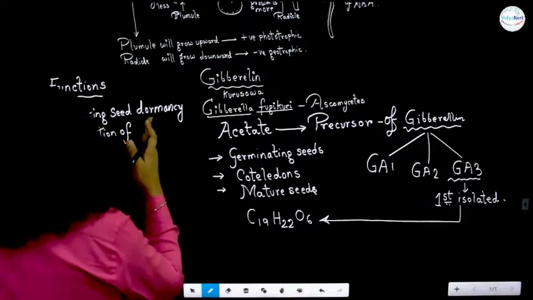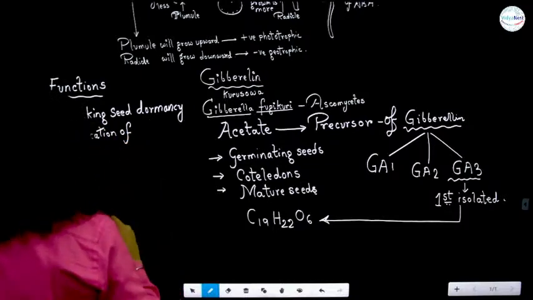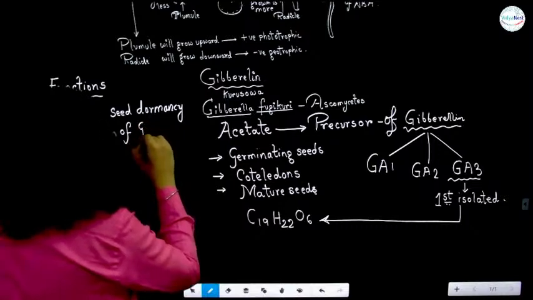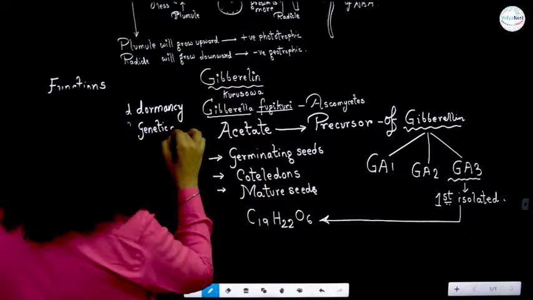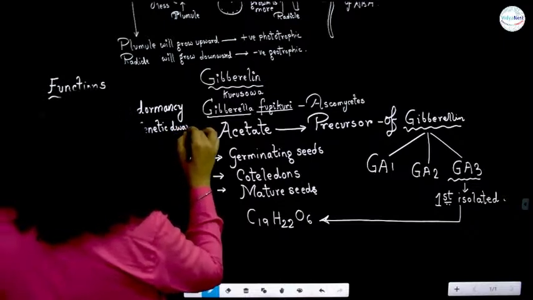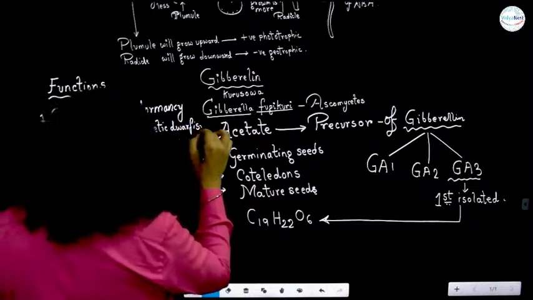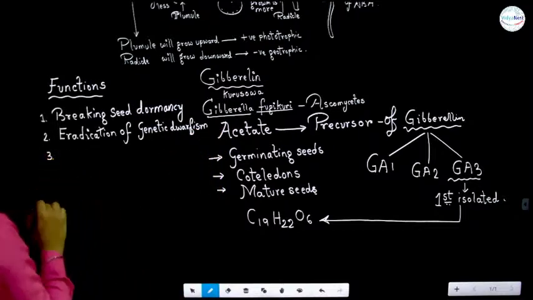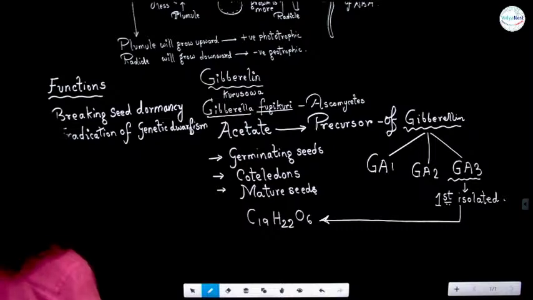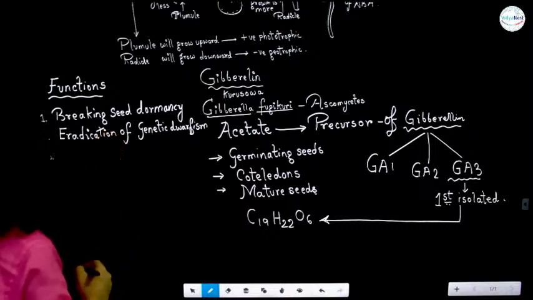This is breaking of seed dormancy. This is eradication of the genetic dwarfism.